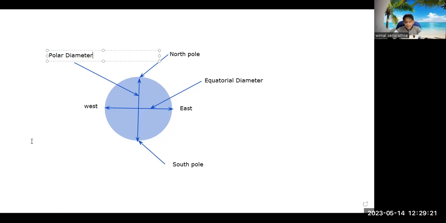Then the length of the equatorial diameter of the earth is 12,757 kilometers. Okay, kilometers, right?